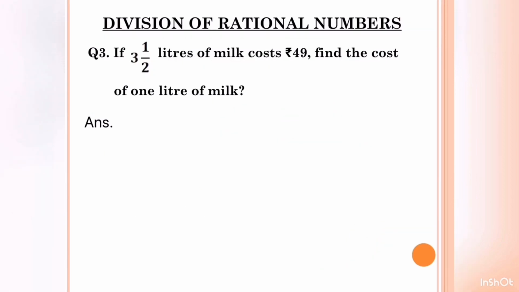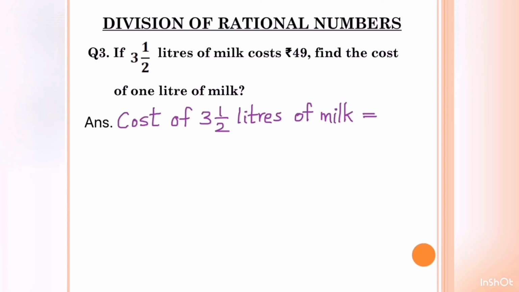Third question. If 3.5 liters of milk costs rupees 49, find the cost of 1 liter of milk. Answer. First, let's write what is given. Cost of 3.5 liters of milk is equal to rupees 49.